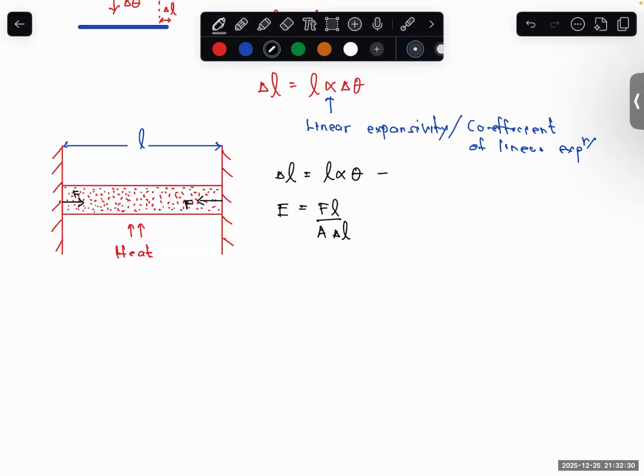So you have to write here thermal expansion. This is mechanical compression. The thermal expansion is not happening, because it's cancelled by mechanical compression.